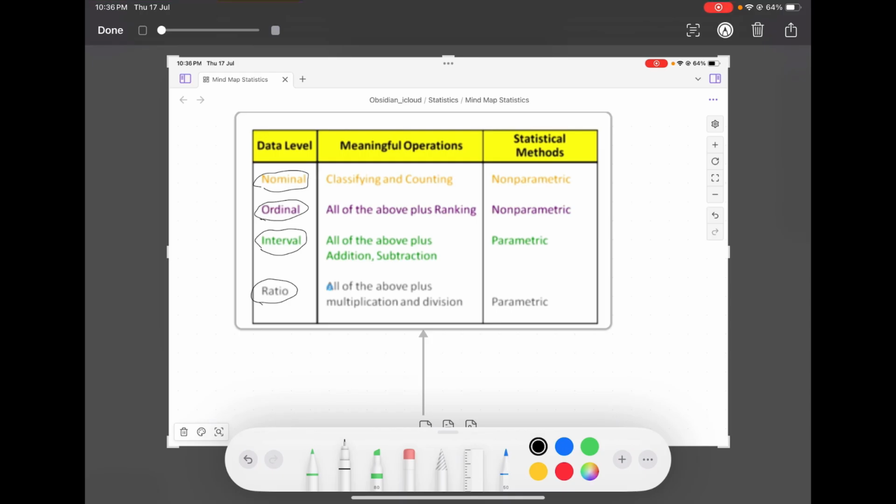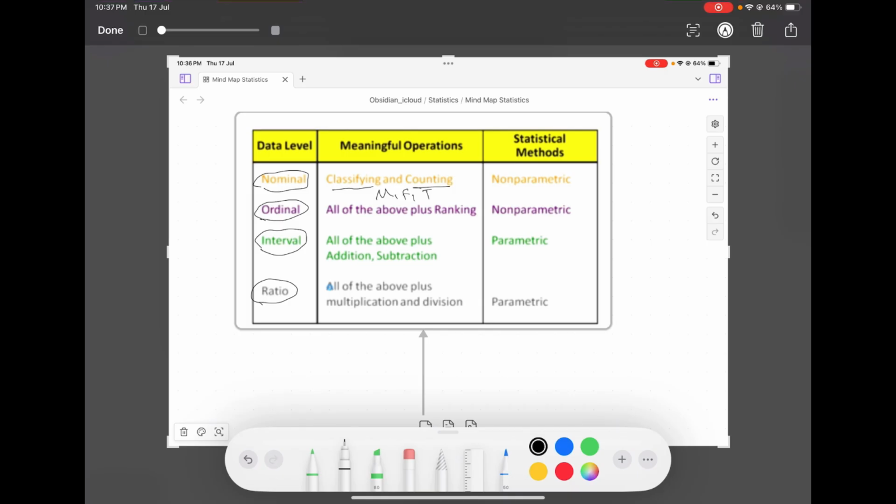So what are the operations you can do with this data? Nominal data you can classify and count. That means you classified into male, female, transgender. So there are three different categories. You can just count and classify. You cannot do any other operation.